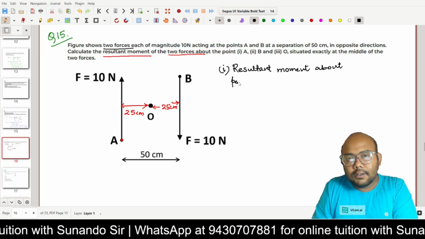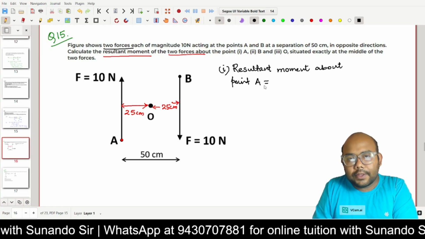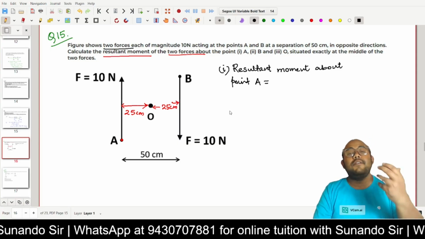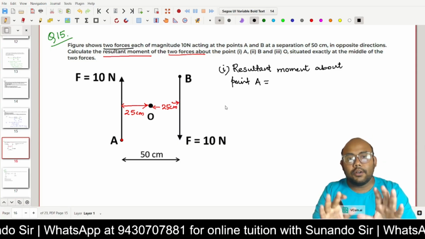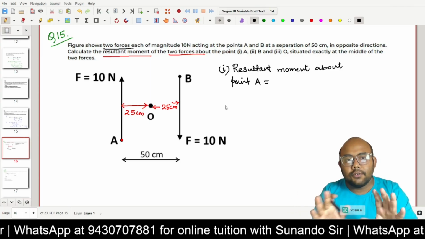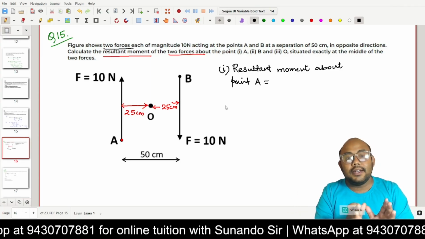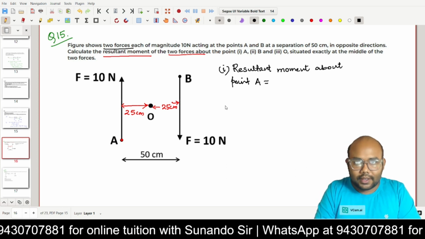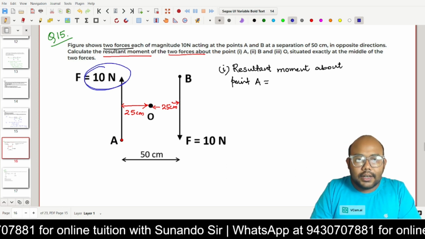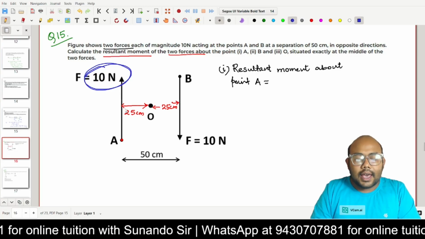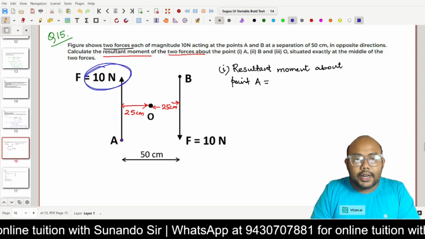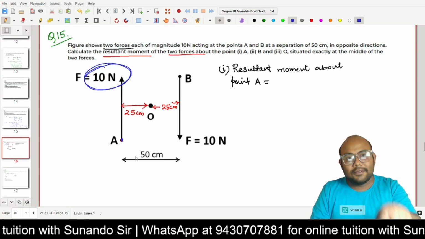point A. Now, you see, whenever we find resultant moment about point A, we have to see what are the forces acting on A and what is their perpendicular distance from point A. Now, this force of 10 Newton is acting on point A itself.